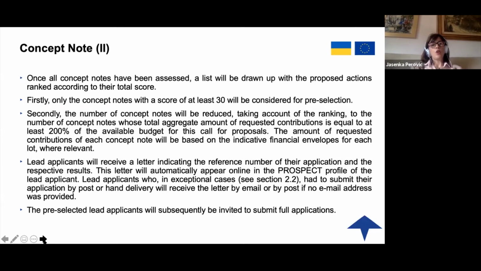Then the lead applicant will automatically receive through Prospect on its profile that the concept note has passed, and you will be invited to submit the full application.